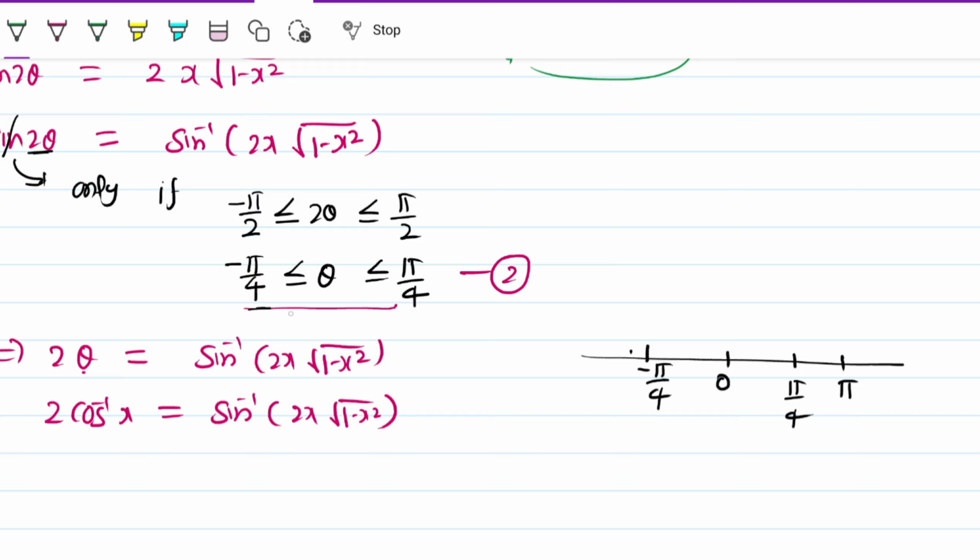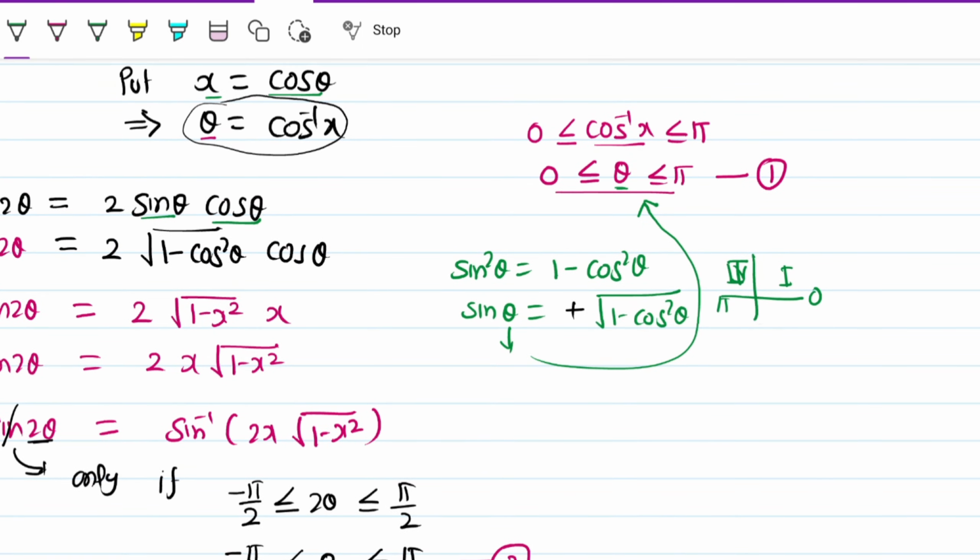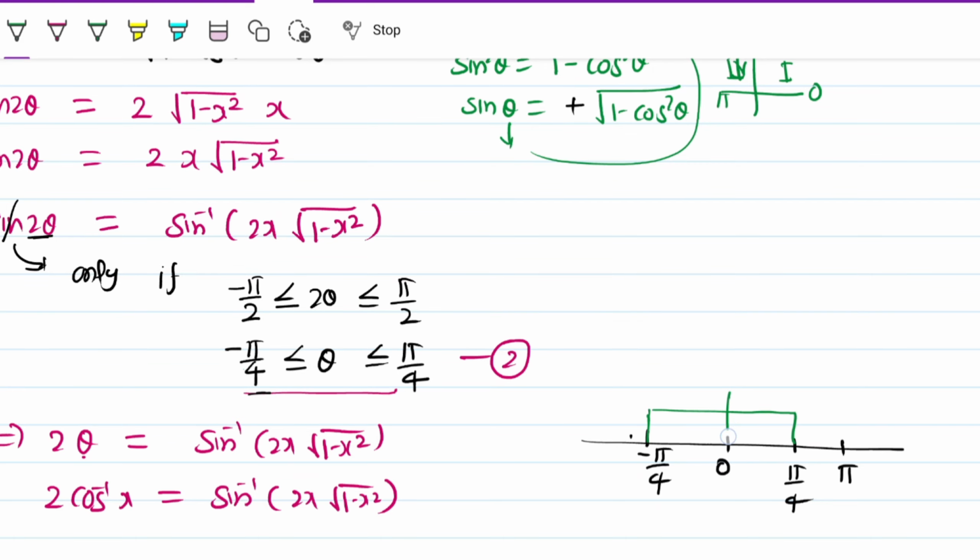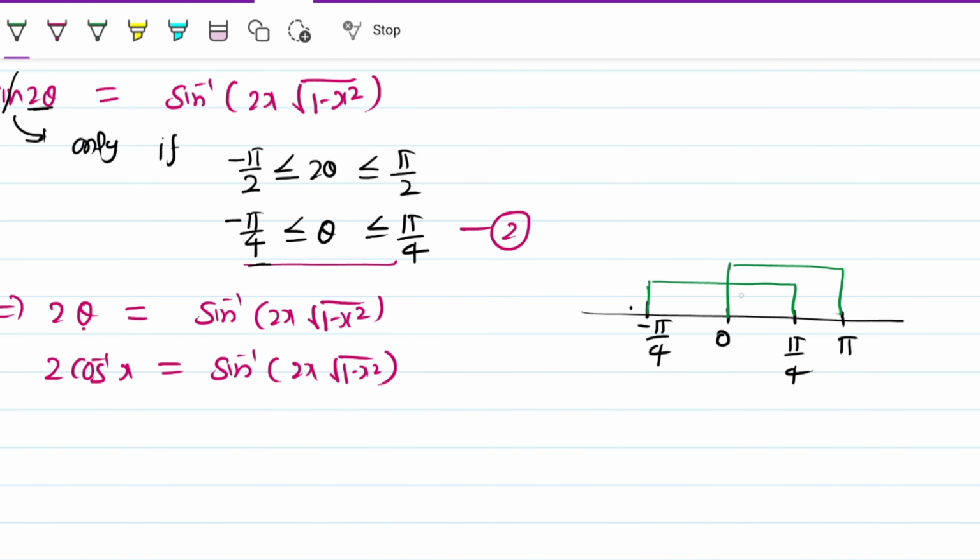According to equation 2, theta from minus pi by 4 to pi by 4 means from here to here, and from equation 1, theta from 0 to pi means here to here. So what are the common values of theta? The common values of theta are only this part. It means theta is greater or equal to 0 and less or equal to pi by 4.